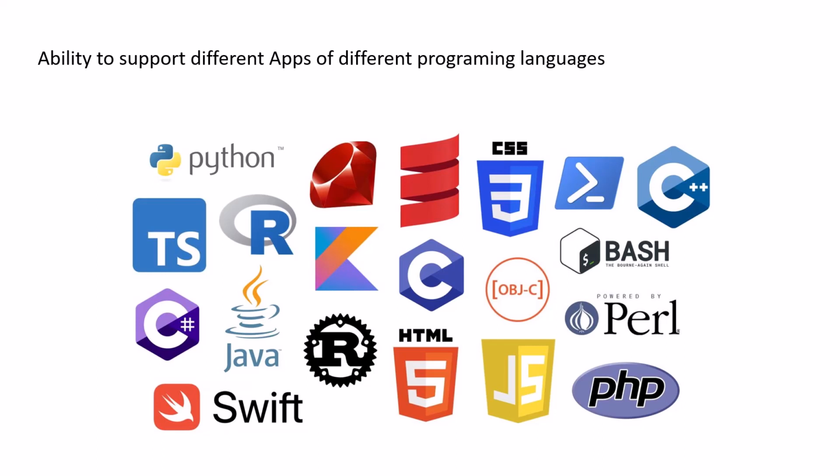If you do that, basically you are closing the doors for better flexibility, and this will discourage people from even pursuing or developing specific apps. So basically, you need to have the capability of handling multiple apps of different programming languages.